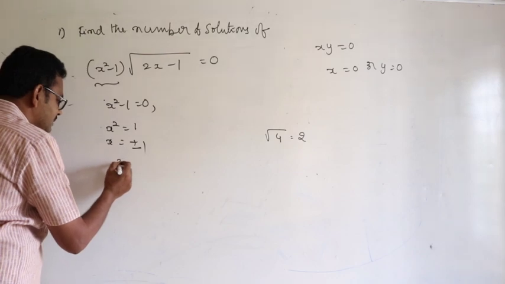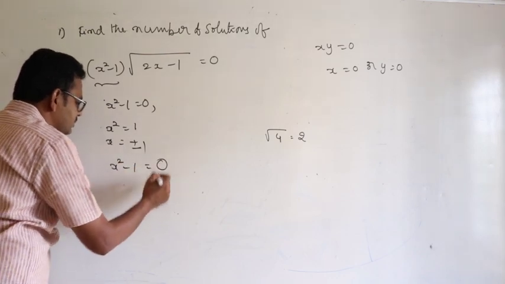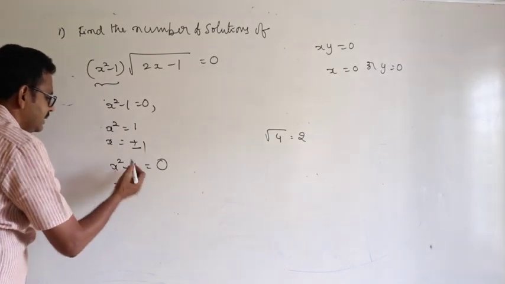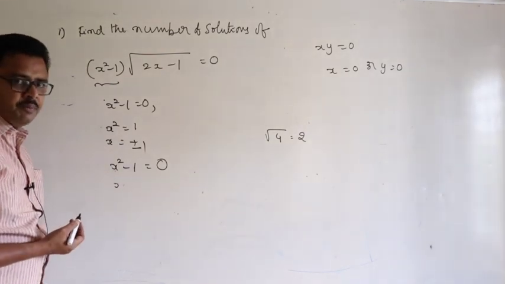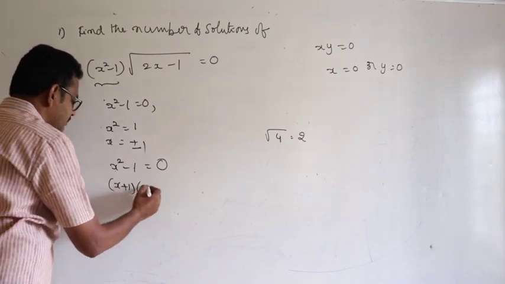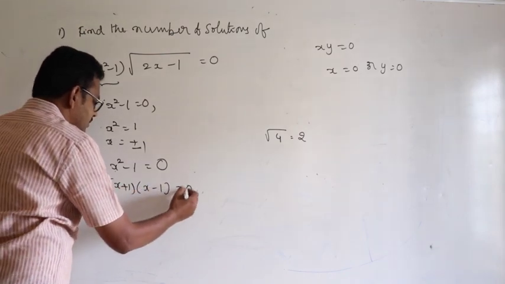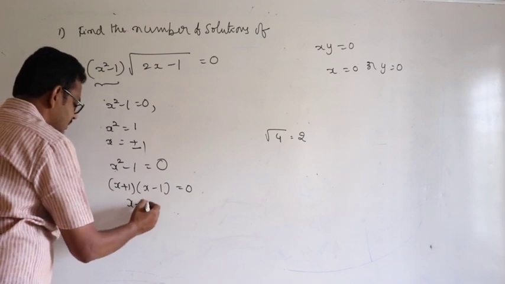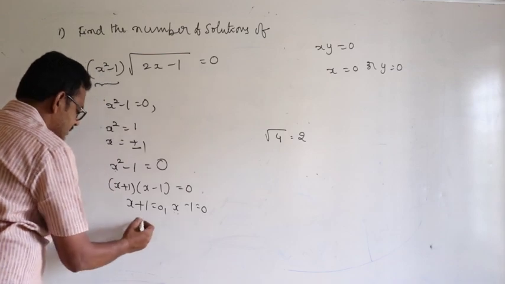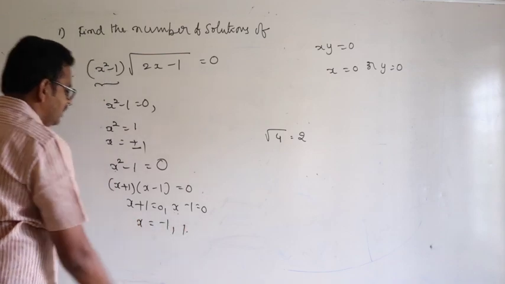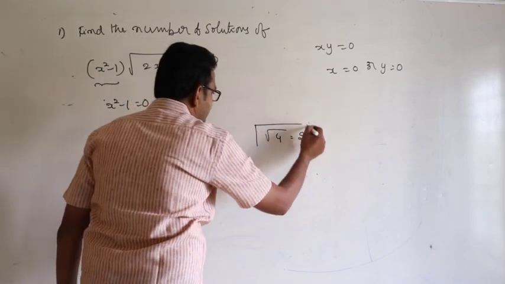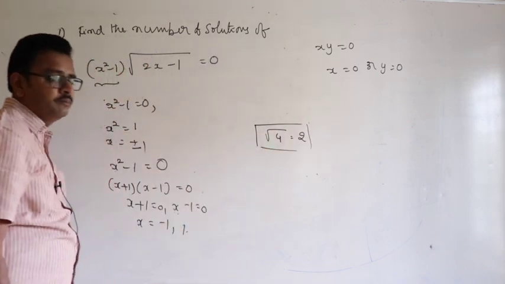Or, you write like this: x square minus 1 equal to 0. Then the factors, a square minus b square form, a plus b into a minus b. X plus 1 into x minus 1 is equal to 0. X plus 1 equal to 0 and x minus 1 equal to 0. Therefore, x equal to minus 1, 1. But this is different, this is only an expression, root 4.